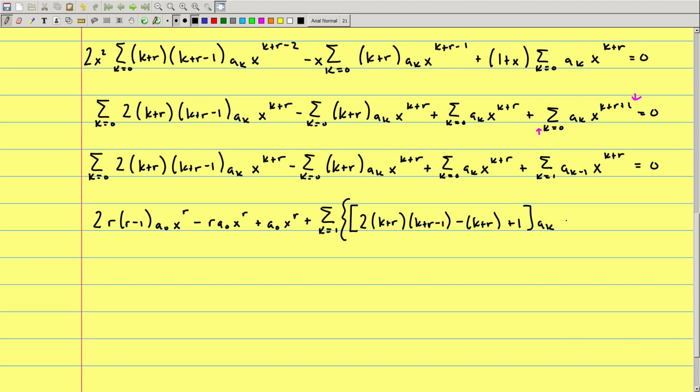This is kind of a complicated expression. Plus a_{k-1} x to the k plus r equals 0. Okay, and what I did was just collect this coefficient, then this coefficient, then 1, which is the coefficient here, and then put that all there.